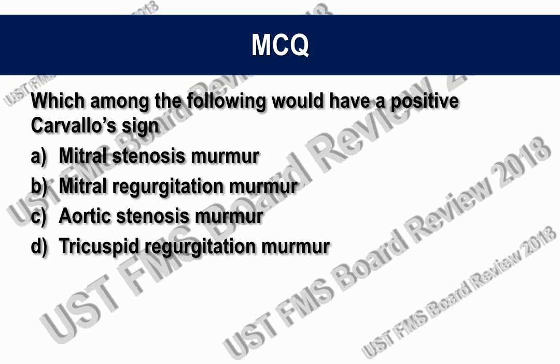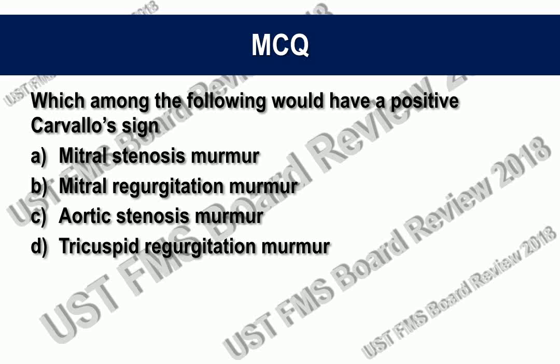Which of the following would have a positive Carvallo sign? What is Carvallo sign? Okay, this is the sign when you ask the patient to do a deep inspiration, and then you appreciate accentuation or increased loudness of the murmur.